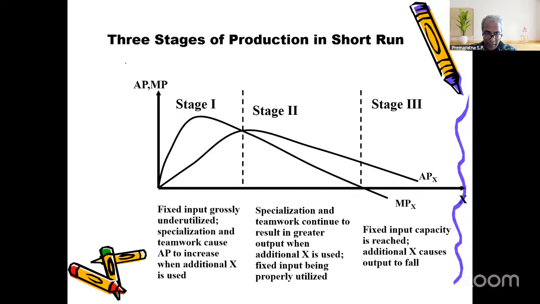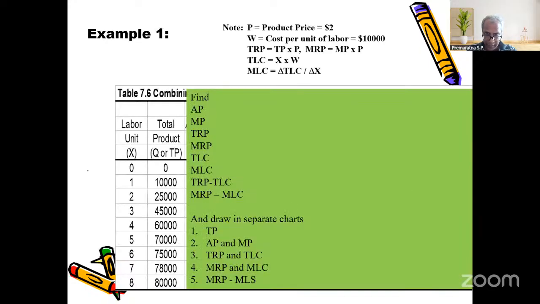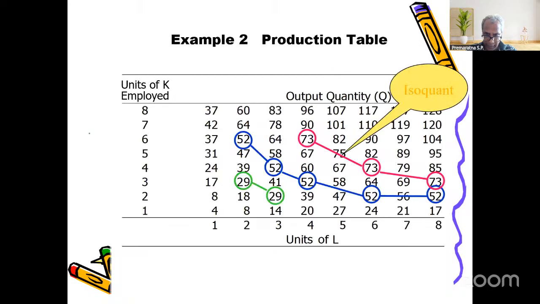Yeah, this is the short term, what we discussed. The other thing, why producers take the decision in short-term stage 2, we discussed in different ways. There we used the elasticity and all the other methods. And these tables we did.